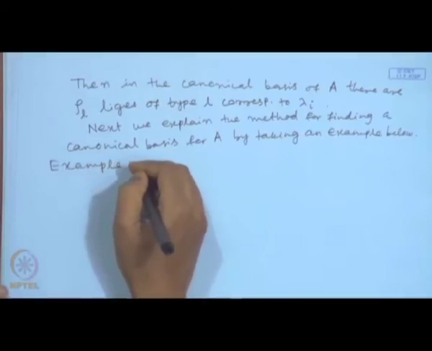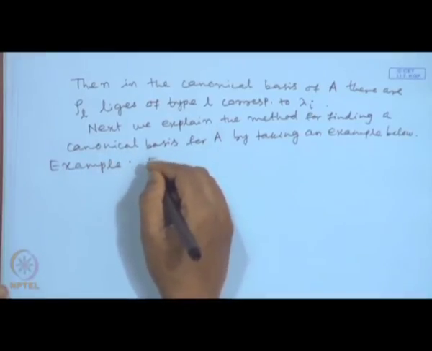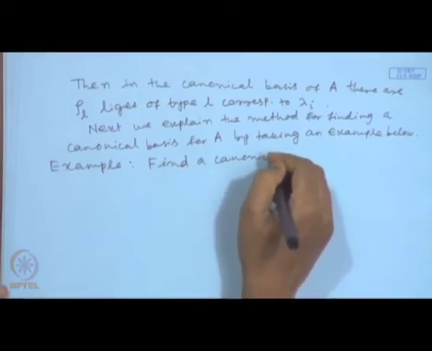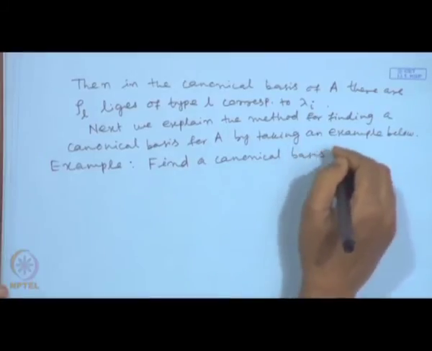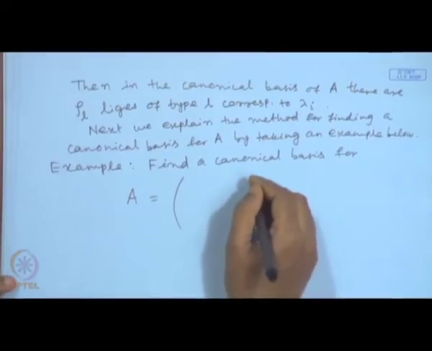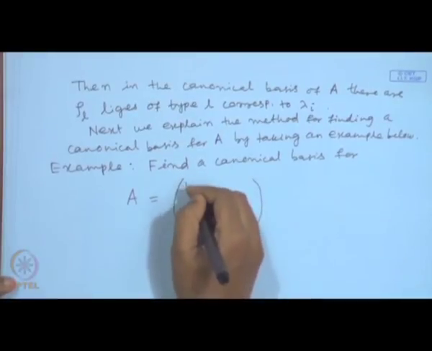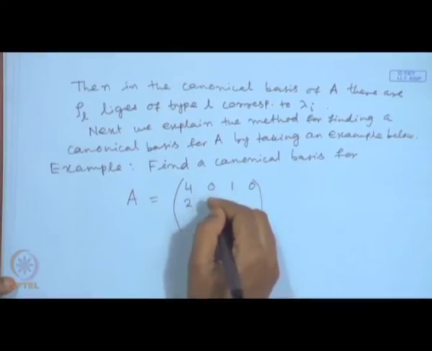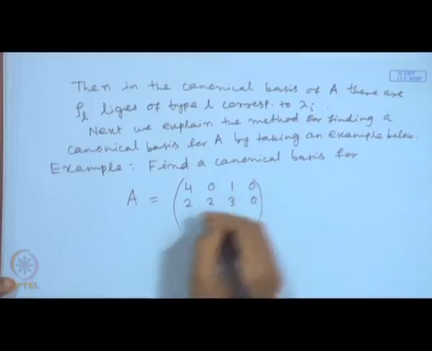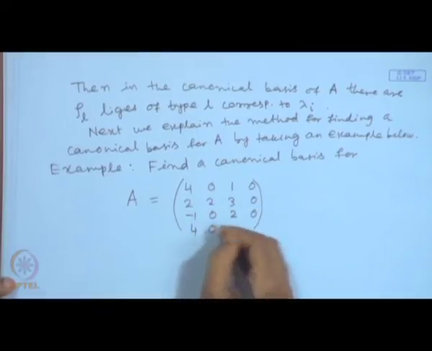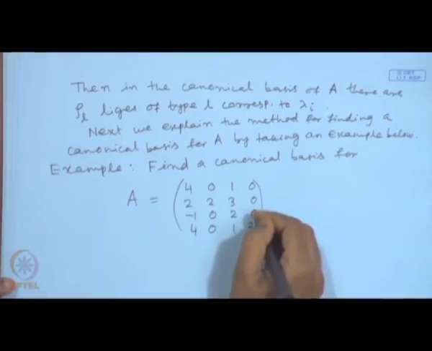In this example we consider: find a canonical basis for this matrix A, which is 4 0 1 0; 2 2 3 0; -1 0 2 0; 4 0 1 2.